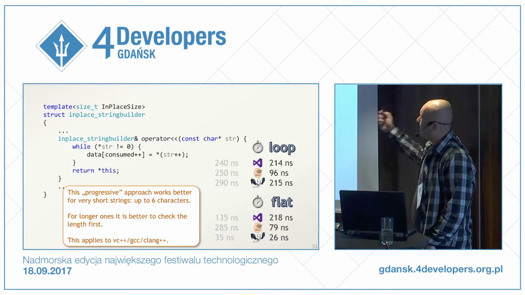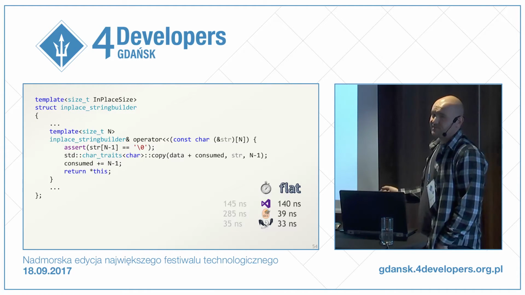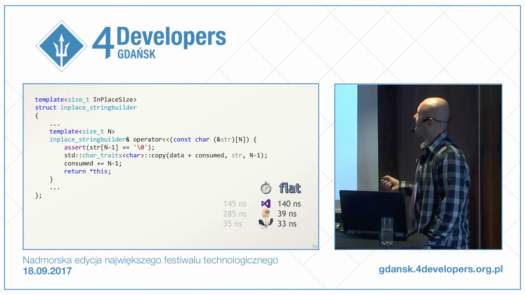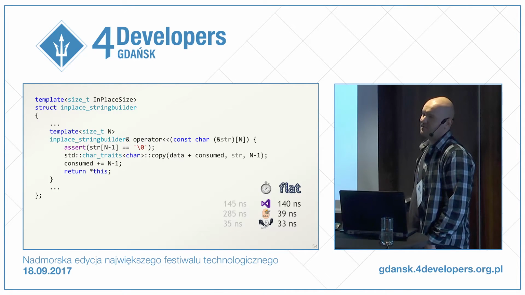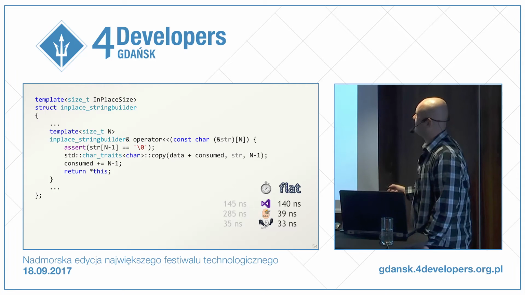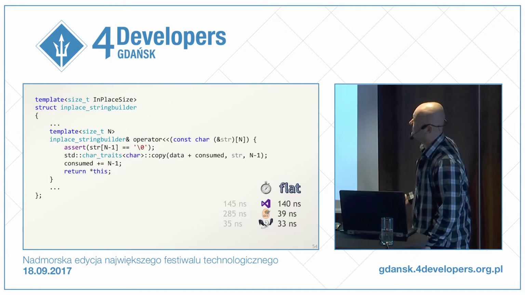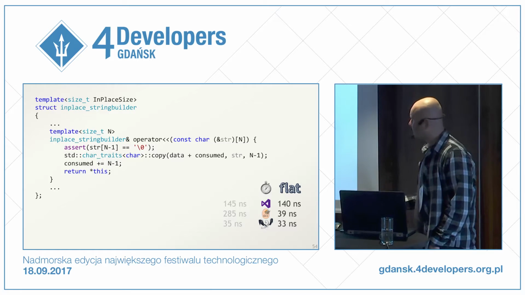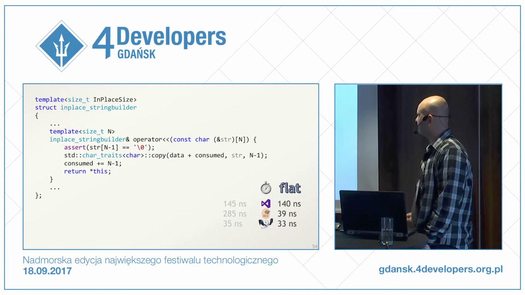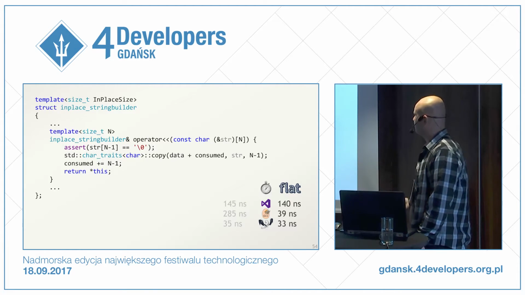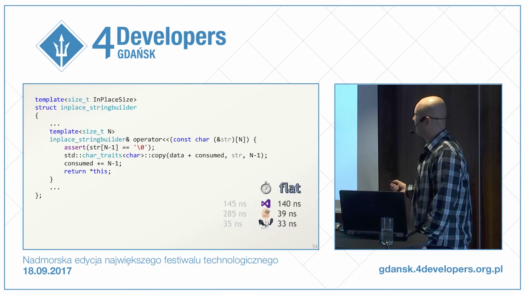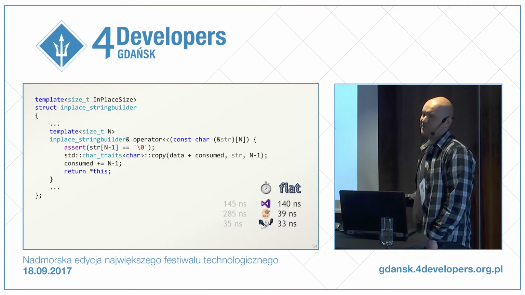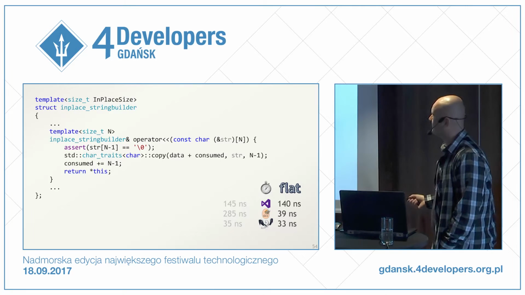Okay, how about this one? Let's receive a reference to an array of characters. Let's assume that the last character is 0, right? What do you think? Pretty good. However, we can only apply this to the flat model, when we use string literals.